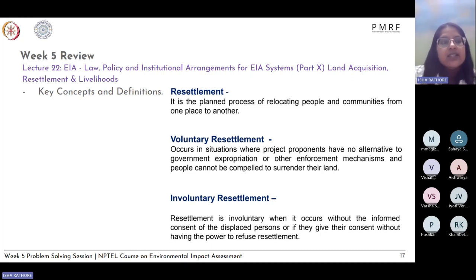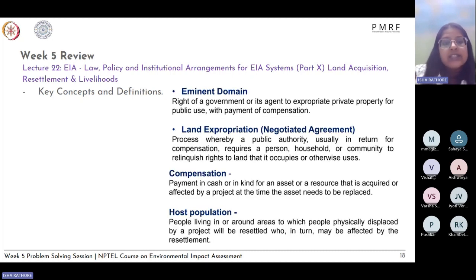But in that case, you don't have a choice because it's a project for the national security of the country, and you have to give in the land to the government. So in that case, you cannot basically refuse resettlement. You will have to accept resettlement. So that is involuntary resettlement.